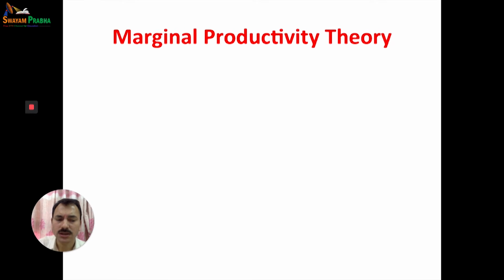Factors are demanded because they have the capability to produce goods and services. We have already studied why factors are demanded: because they have the capability to produce goods and services, and this capability is called marginal productivity of factors.